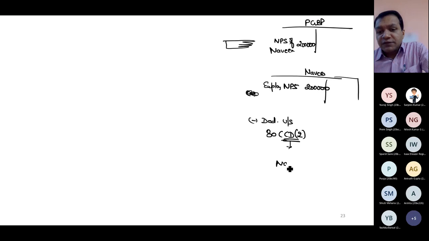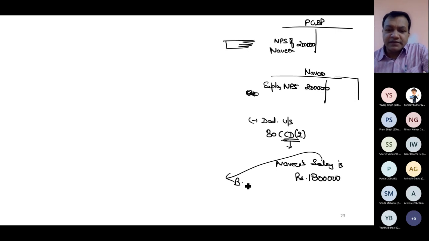It depends on the employee's salary. If Naveen's salary is 18 lakh, and what do I mean by salary? Basic. I think you have forgotten these concepts.